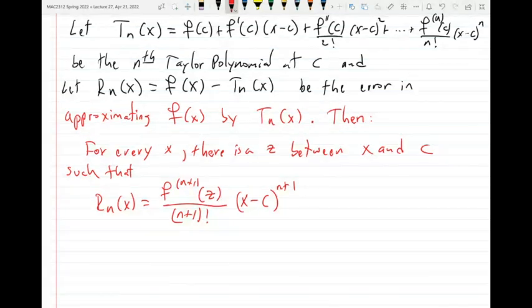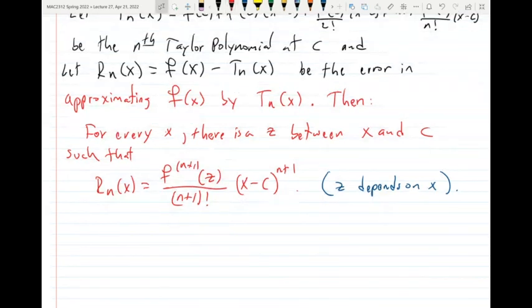So you have to be very careful when you work with this, because for every x, there is a z. If I change this number, this one potentially changes. So z depends on x.